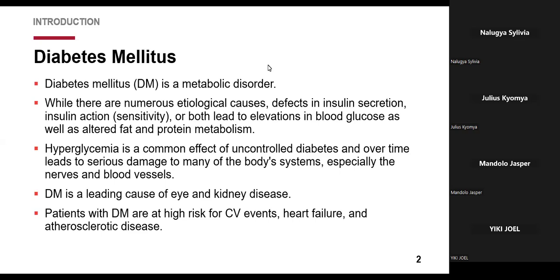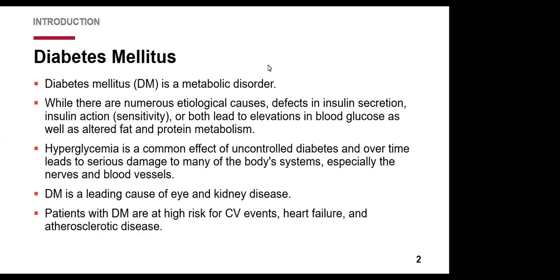So DM is a metabolic disorder. We know from what we've been studying that it has very many etiological causes, but mainly defects in insulin secretion or insulin action, in terms of it being sensitive in the tissues, or even both, are the reasons why we have raised blood glucose levels.